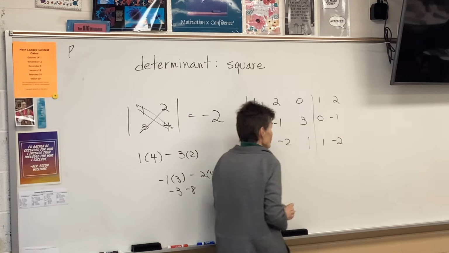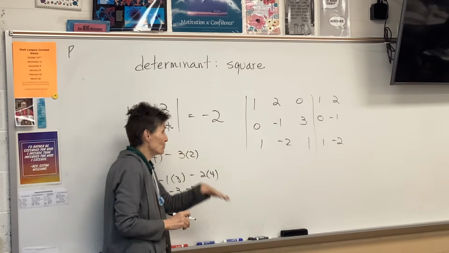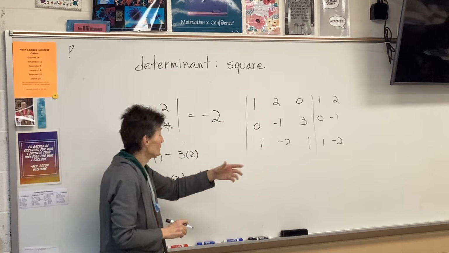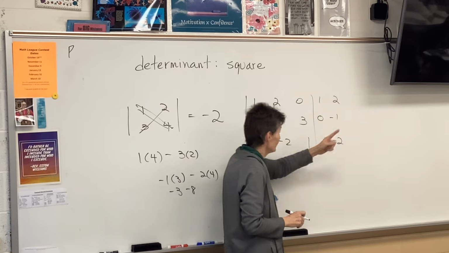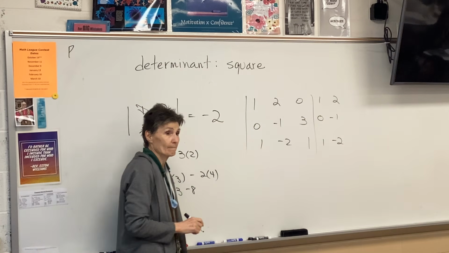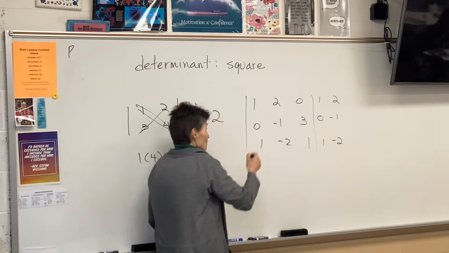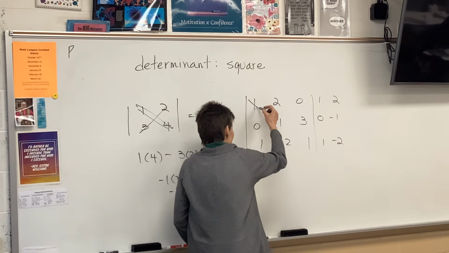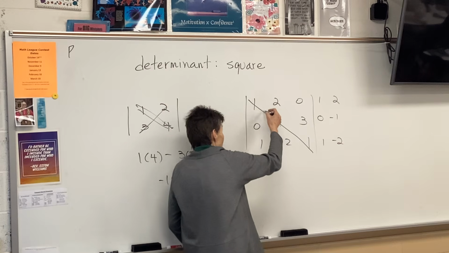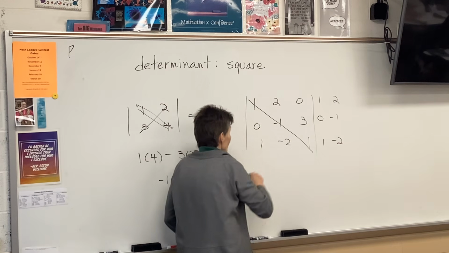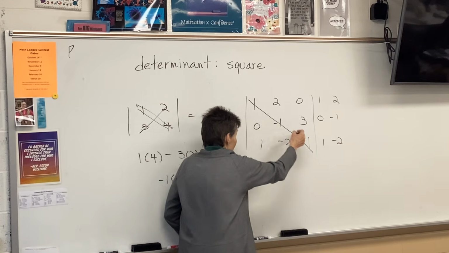Just the first two columns, and you tack them on in order. First, second, tack them on in order. Now, multiply these three numbers together, right there in that diagonal. Multiply all of those numbers together. What do you get?